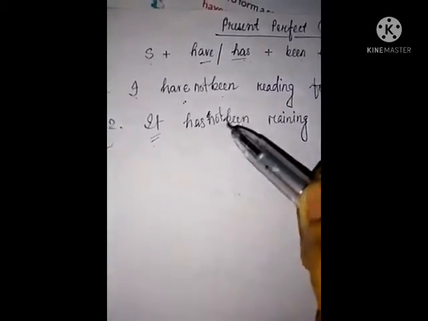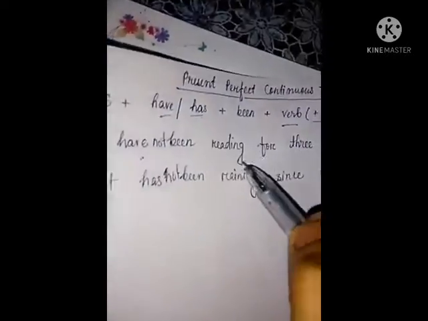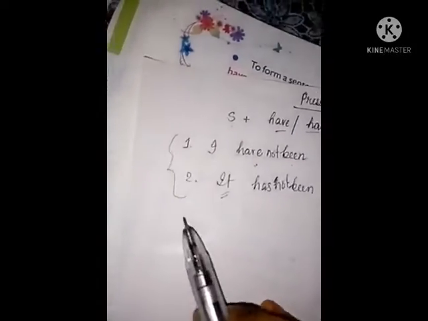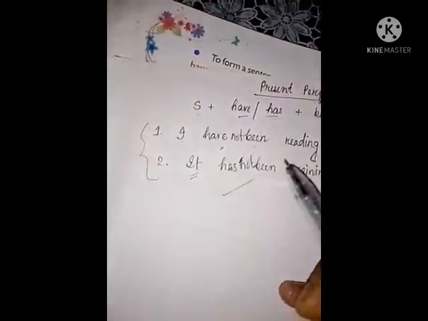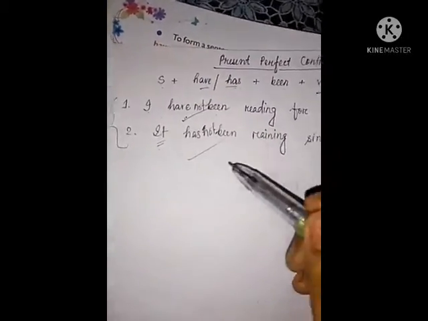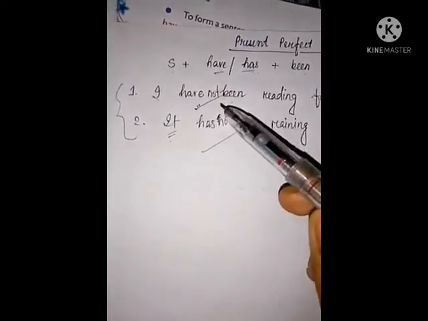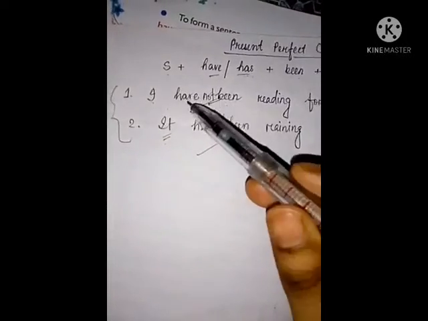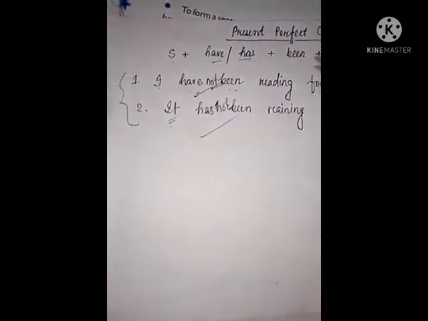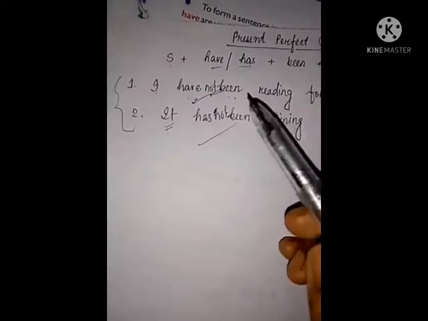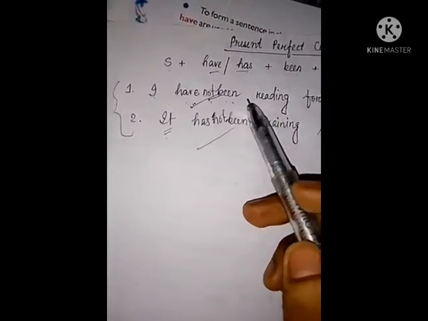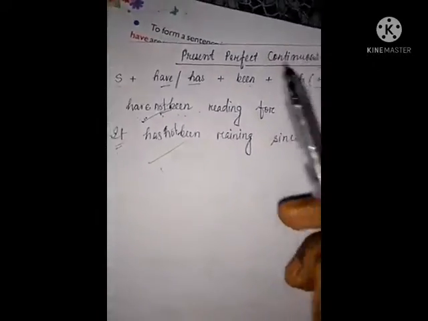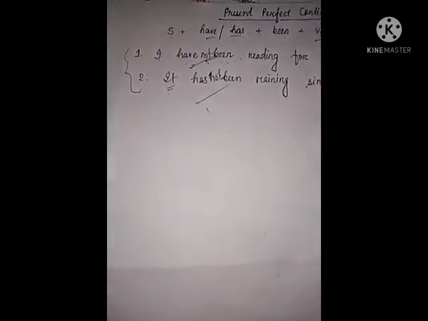I have not been reading for 3 hours. Number 2, example, it has not been raining since morning. Okay, now it has become a negative sentence because I have used not in between auxiliary verb and been. So by adding not in between auxiliary verb and been we can make negative sentences in present perfect continuous tense. Understand?